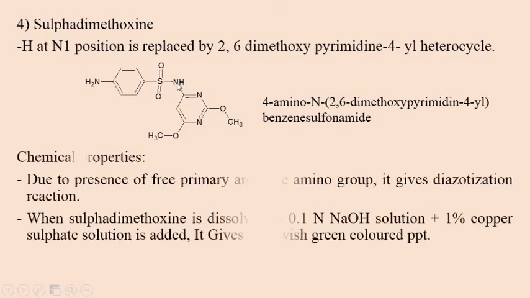Chemical property: due to presence of this free amino group, it can give diazotization reaction. And second, the sodium hydroxide solution of this drug, when mixed with 1% copper sulfate solution, gives yellowish green color or yellowish green precipitate. This is the second chemical property.